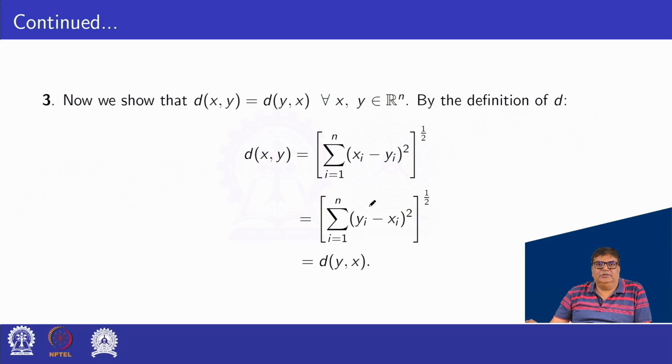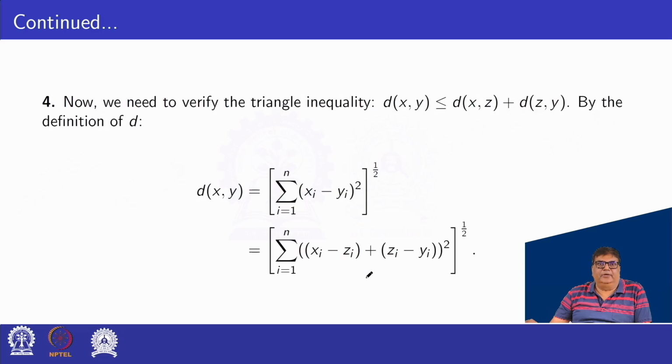There is no change. So as per the definition of d(x,y), this expression can be written as d(y,x). Therefore, d(x,y) = d(y,x). Clear? Okay. Fourth condition, this is the important condition.